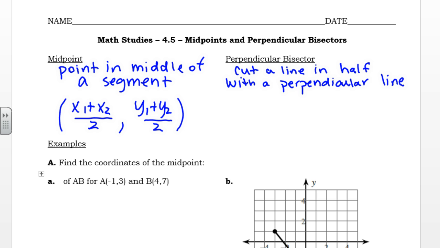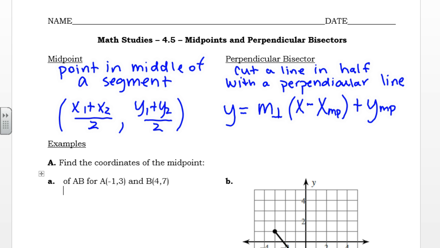And the formula for that, we're going to be using the same point formula, but rather than using the slope, we're going to use the perpendicular slope, and then x minus x midpoint plus y midpoint. Okay? I'm going to call this the midpoint, MP for midpoint. Okay, so those formulas are pretty awesome.